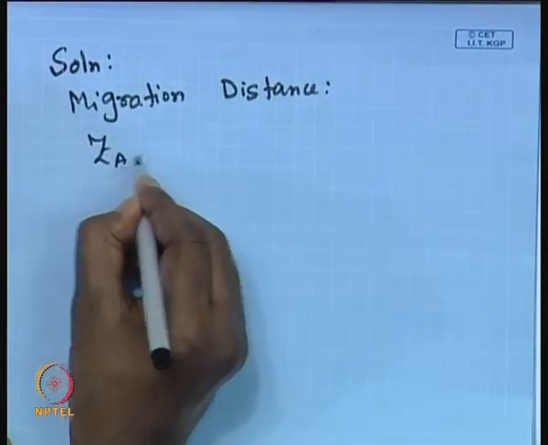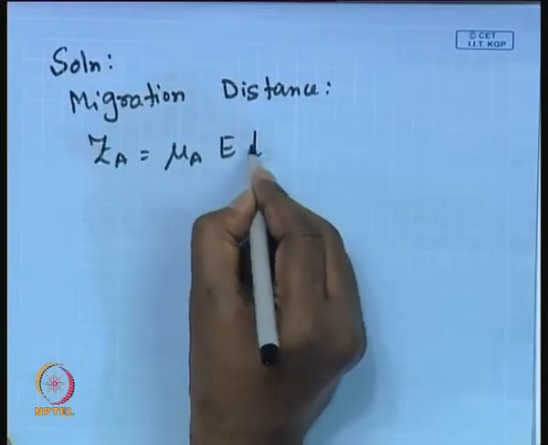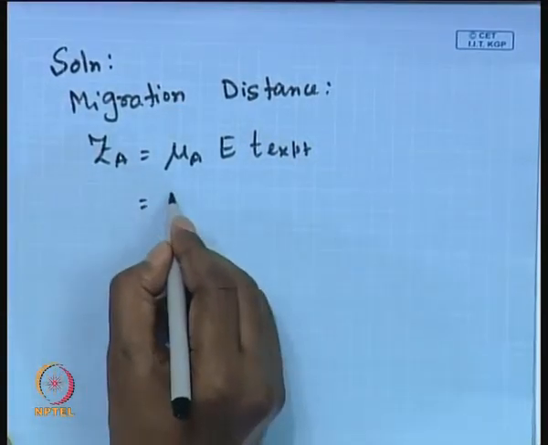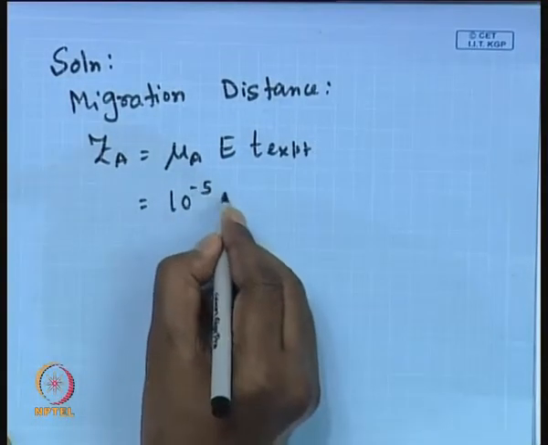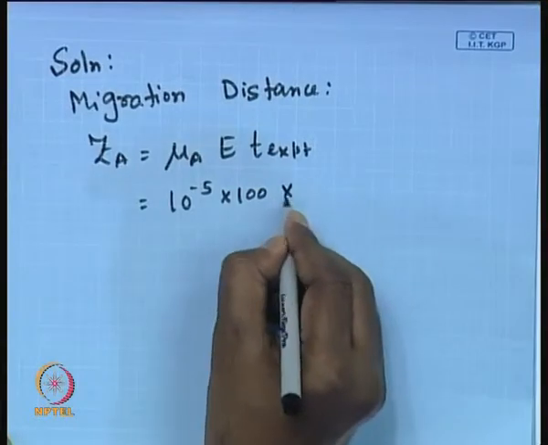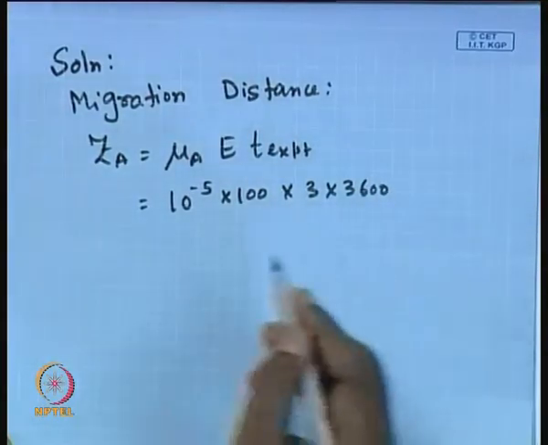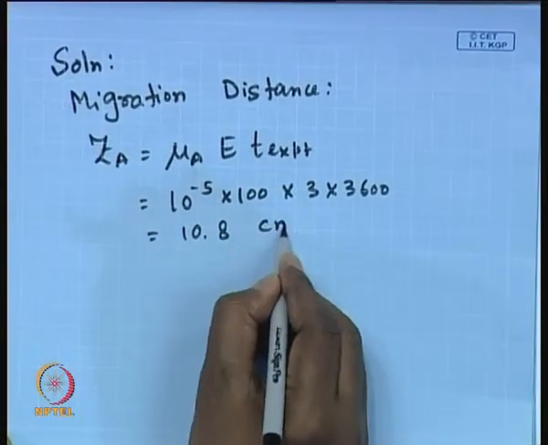Z A is mu A E T experimental. So, mu A is given as 10 to the power minus 5 into 100 into 3 into 3600, that is for 3 hours. So, this distance is 10.8 centimeter.